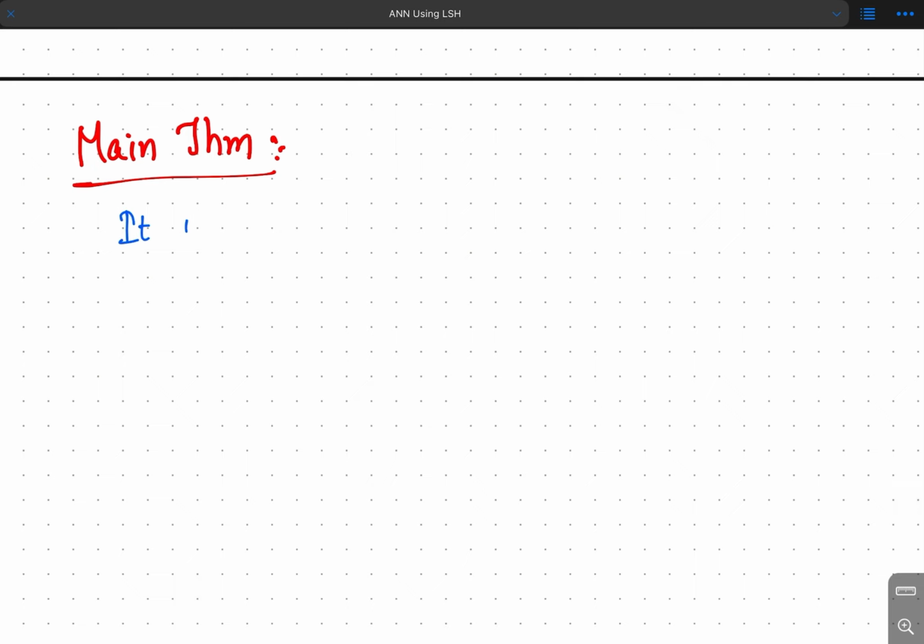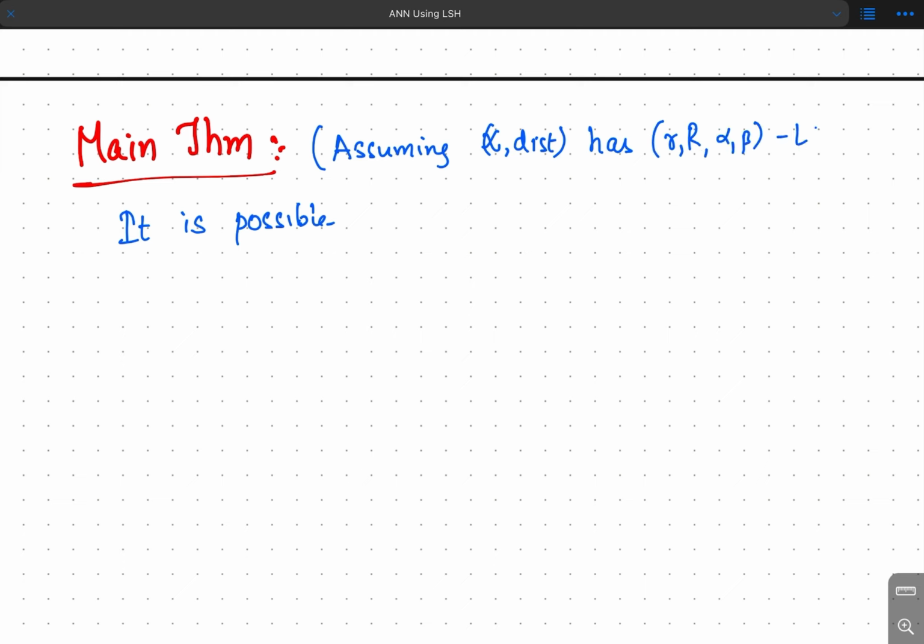Assuming the underlying metric space has an (r, cr, alpha, beta) LSH family, we get the following theorem.